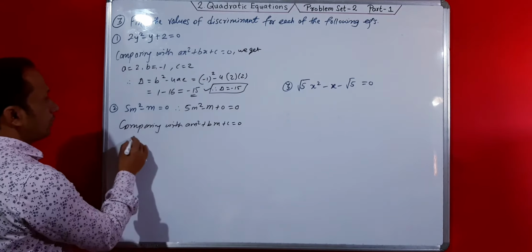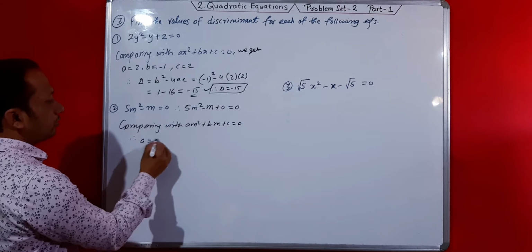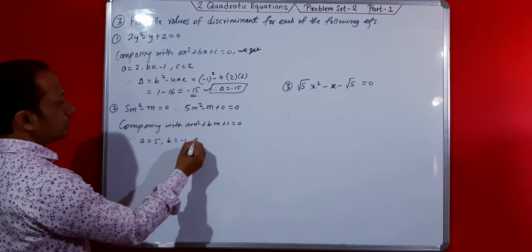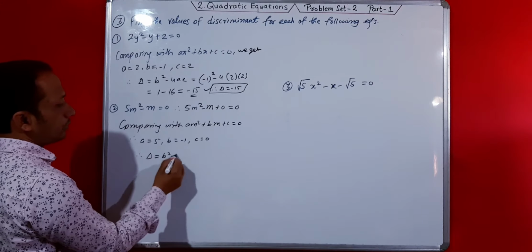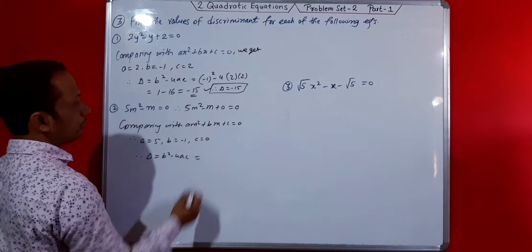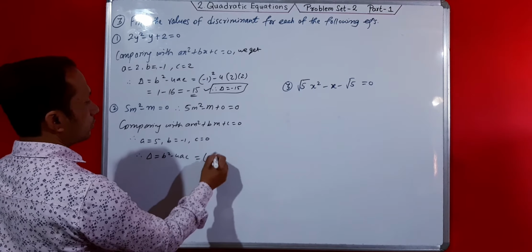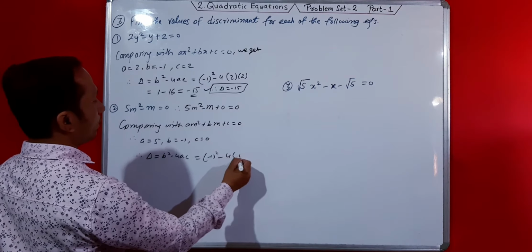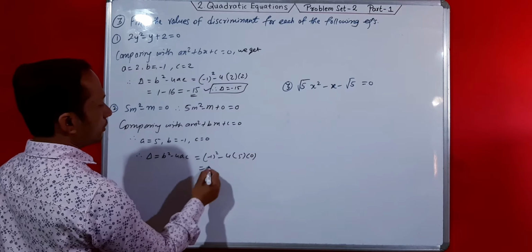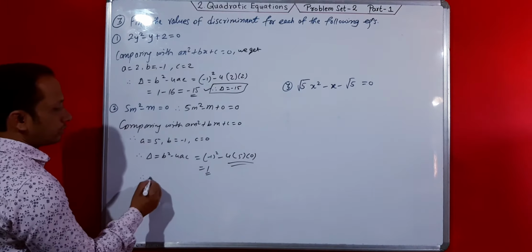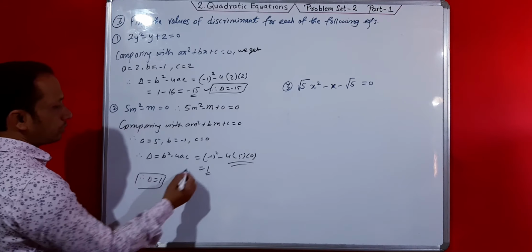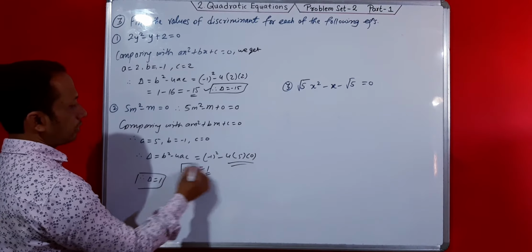Therefore a is equal to 5, b is equal to minus 1, c is equal to 0. Therefore delta is equal to b square minus 4ac, which is minus 1 square minus 4 into 5 into 0, so it is 1, because this will be 0. So delta is equal to 1. This is the value of discriminant.